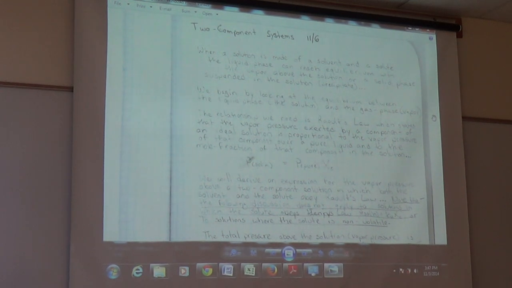Now, remember, we've already said that in general it's not very safe to assume that a solute is going to obey Raoult's law. That's why we have Henry's law: the solute is the species with the lowest number, so the interactions it feels in the solution are very different than in the pure substance. But we're going to address the situation where Henry's law doesn't apply.